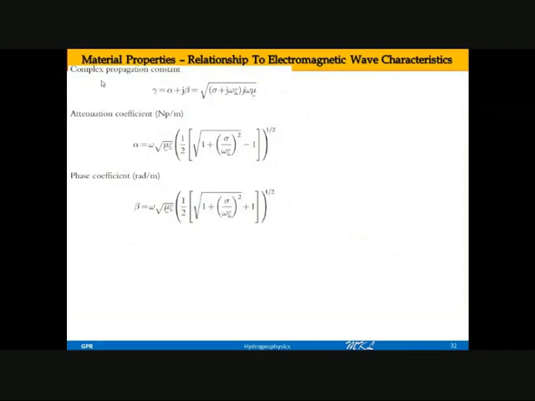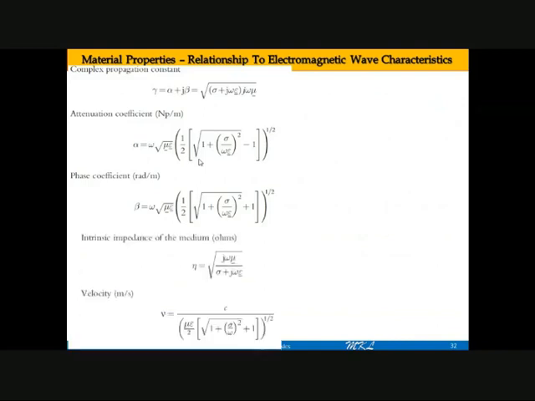So the complex propagation constant gamma equals alpha plus j beta. This one is the attenuation coefficient. So in general, whatever we were discussing, D equals epsilon E and J equals sigma E. That's for the homogeneous isotropic medium. But generally, our subsurface is a very complex material, and it gives complex numbers of permeability and permittivity, because they have a real component as well as an imaginary component.